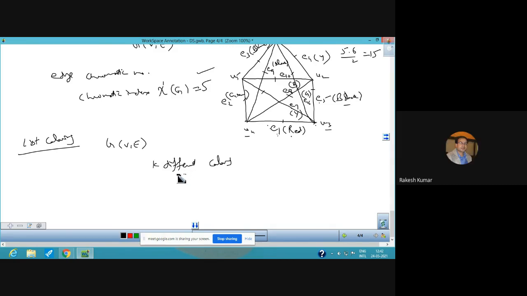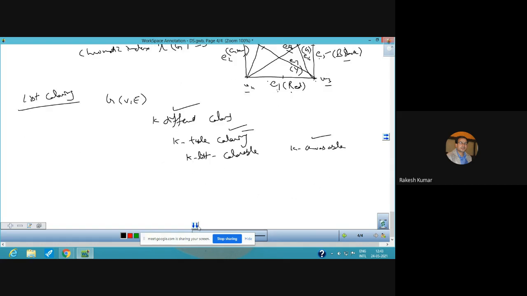And a list coloring of G with a set of k different colors is also known as k tuple coloring. It is also known as k list colorable, k choosable. These are the meanings: k list colorable, k choosable, k tuple coloring, k different colors. Now, you just need to find out.